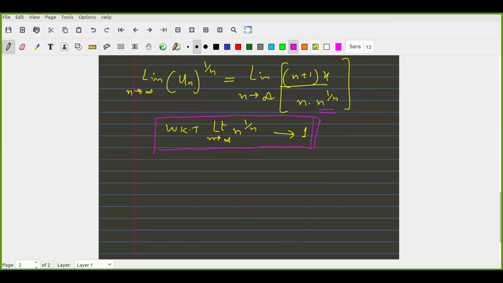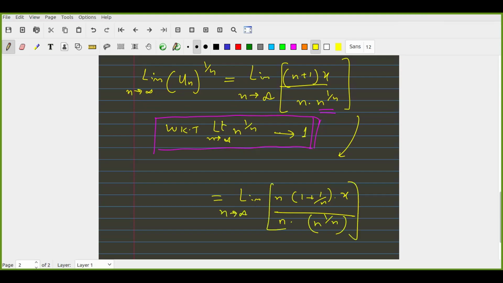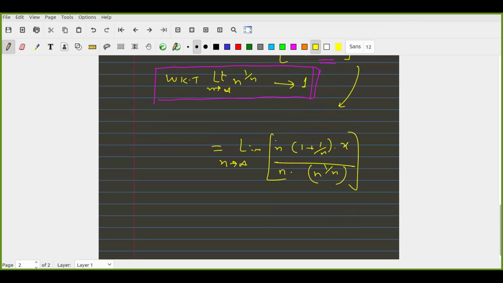So what we do is we simply take this expression out as a limit: (1 plus 1 by n) into x, over n power 1 by n, as n tends to infinity. I haven't still used this information. Now you see this, I simply cancel out.